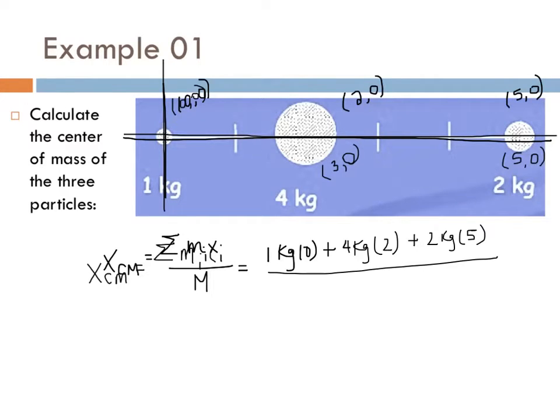Even though the first object doesn't have a position in the x direction, it lies on 0, 0, we still consider it in our total mass. Here you should get a value of 2.57 meters. That means our center of mass lies somewhere here. Actually, somewhere here.